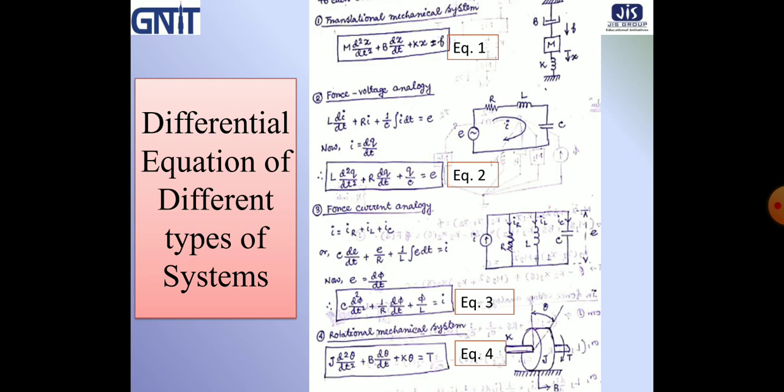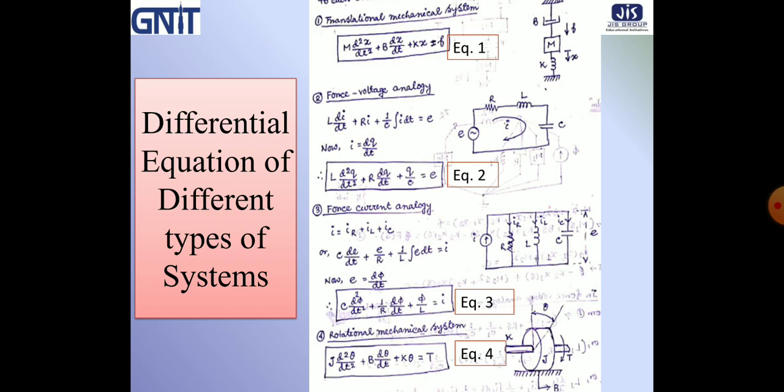That's why it is called rotational. Let us take one example. K means stiffness of the spring, theta is the angular displacement, J is the inertia constant, T is the torque applied, and B is the damper. Here the friction is considered as a damping element.